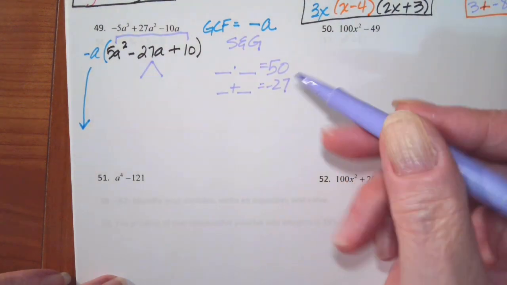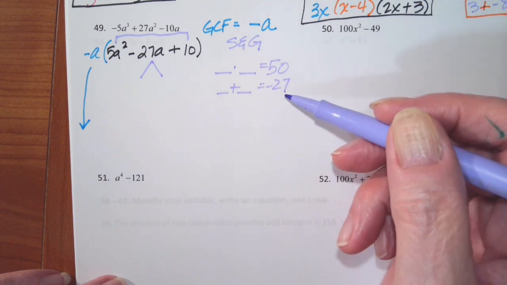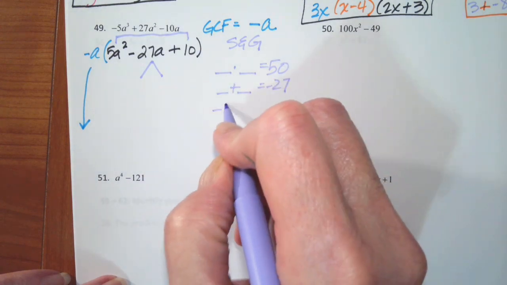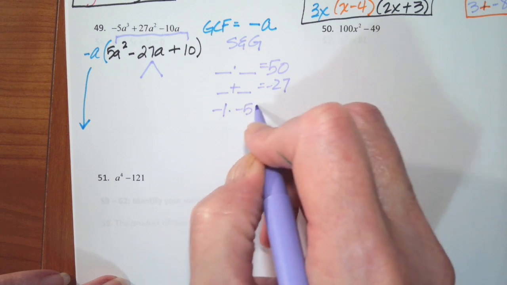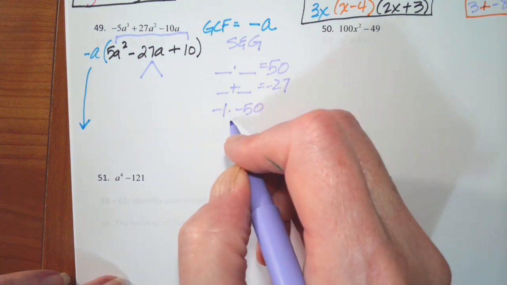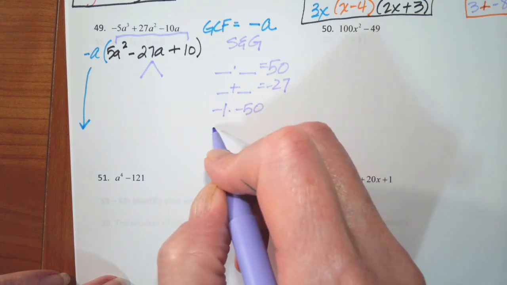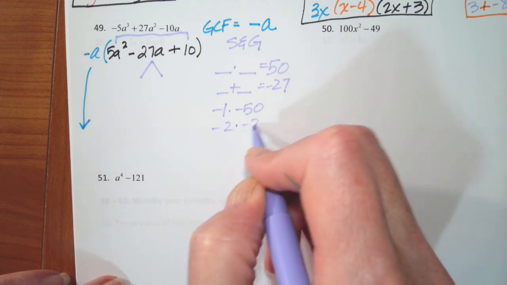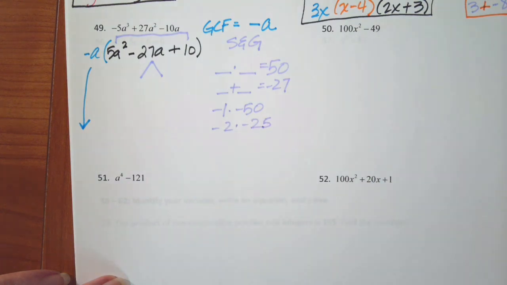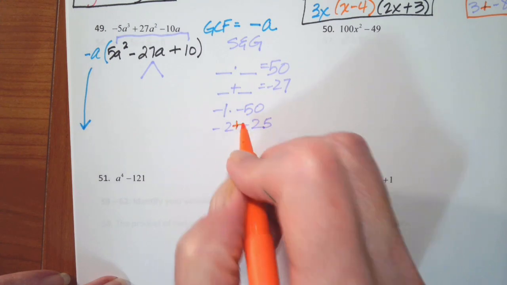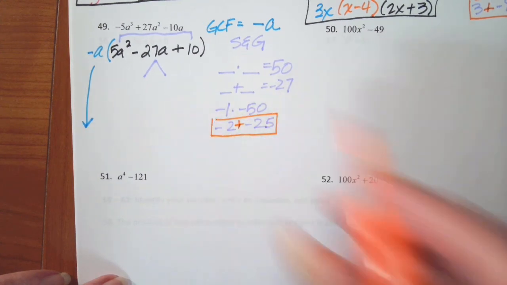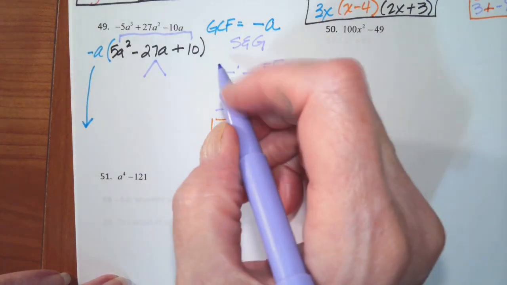That means both of them are negative since the product is positive and the sum is negative. So I have negative 1 times negative 50. That adds up to negative 51. Negative 2 times negative 25. And there's my winner. Both are negative, so the order doesn't matter.